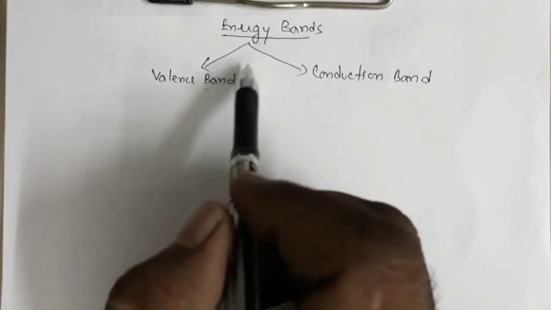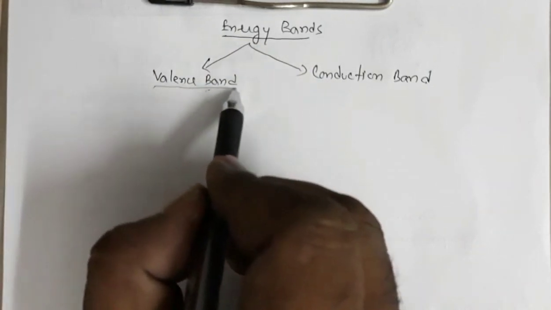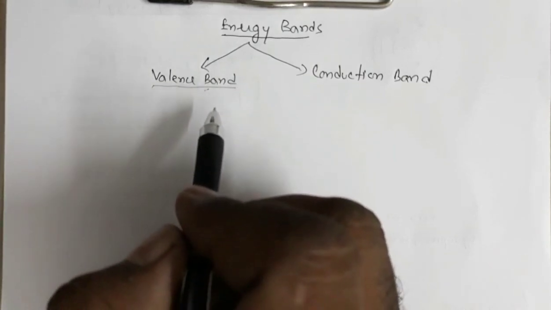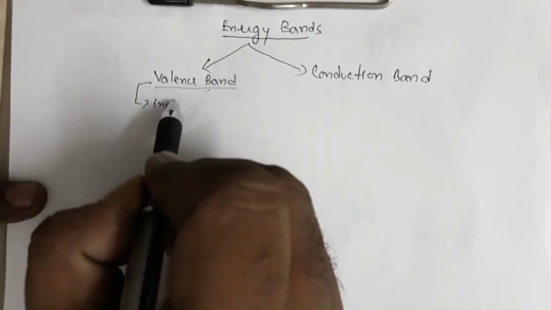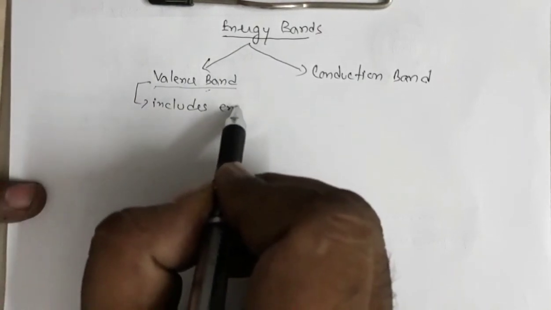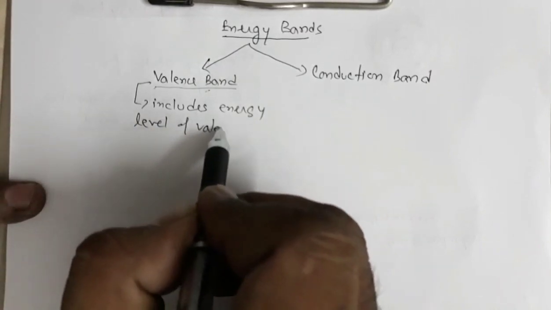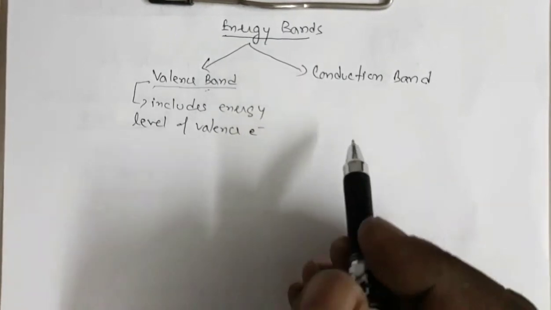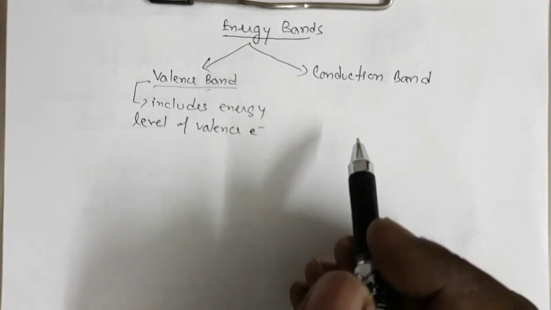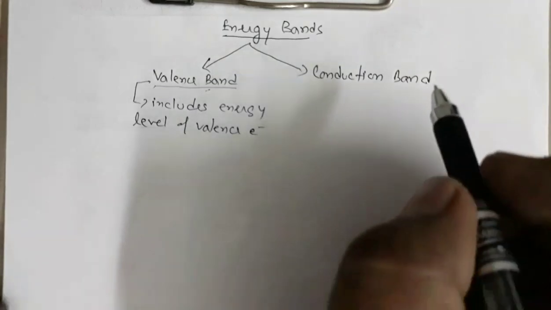One is the valence band, another one is the conduction band. The valence band includes the energy levels of valence electrons. The conduction band belongs to the energy of those electrons which have energy slightly greater than the valence band. So the energy band above the valence band is the conduction band.